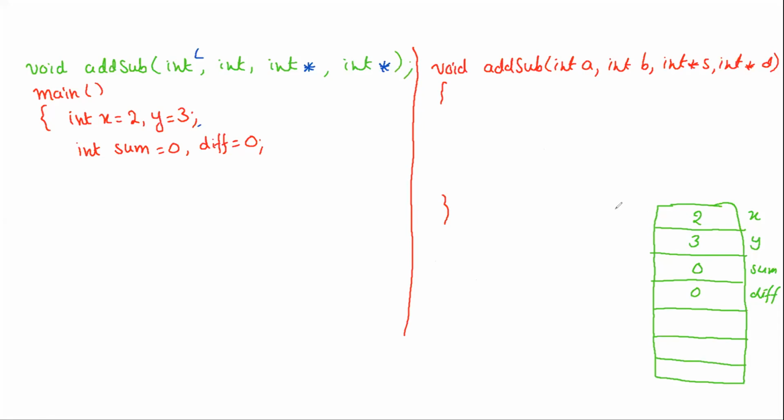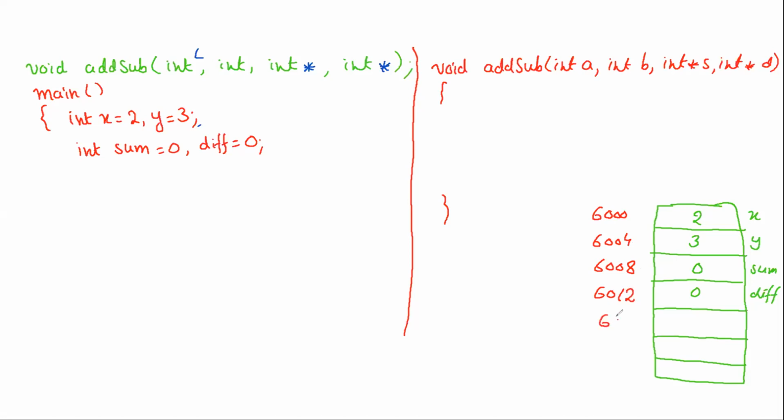So maybe this location is say 6000. Since this is 4 bytes, the next one would be 6004. Then this would be 6008. It is not necessary that they are contiguous, right? It is possible this is at 6000, this is at 10,000, and so on. But just to keep it simple, I'm writing like this.